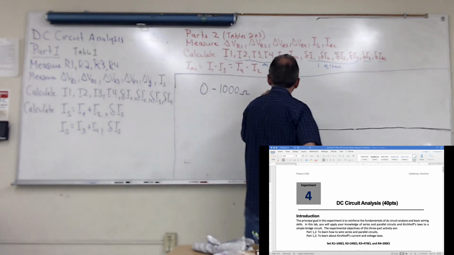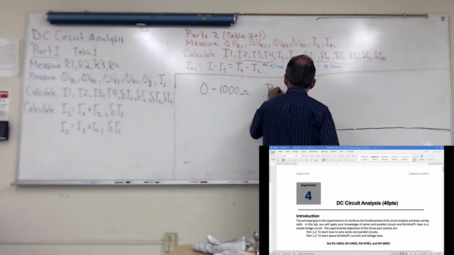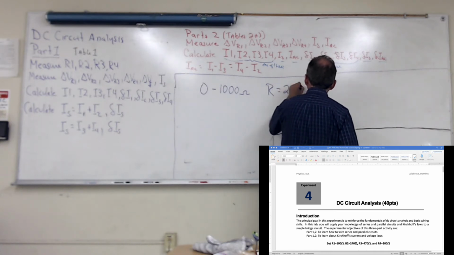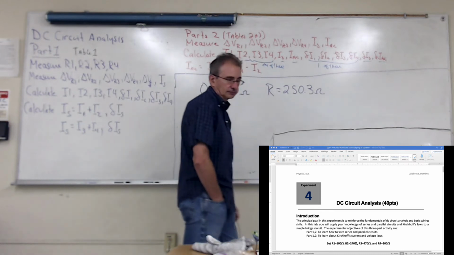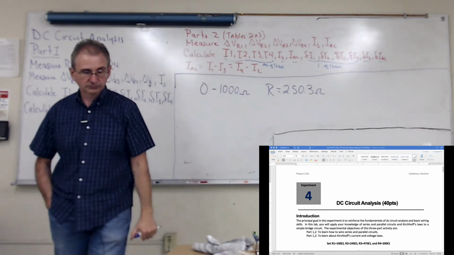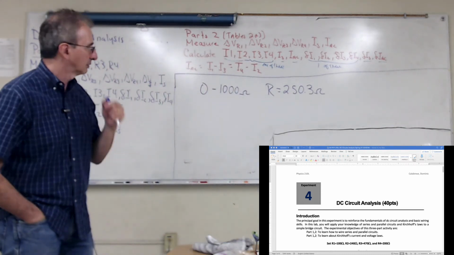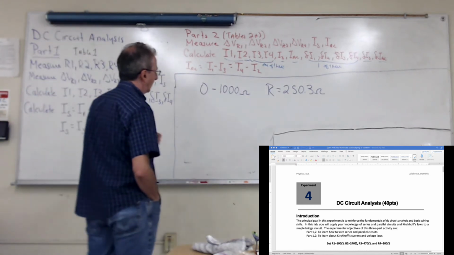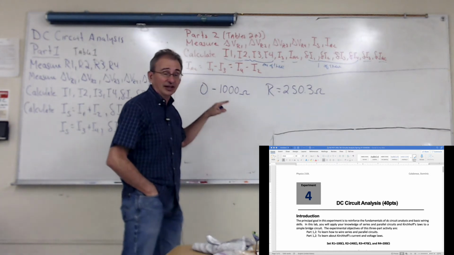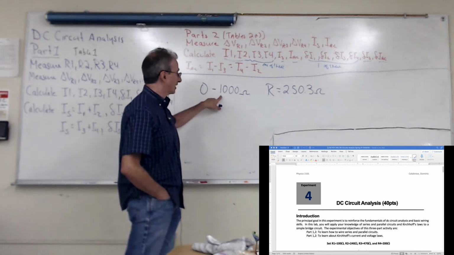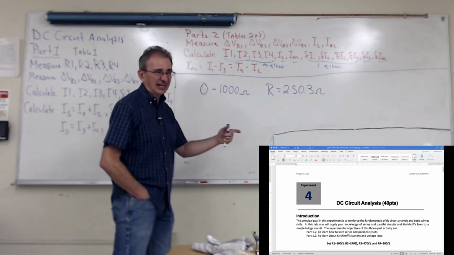I measured a value of 250.3 ohms. Okay? I go to my manual, and it lists the uncertainty on every scale. It's actually called the accuracy.